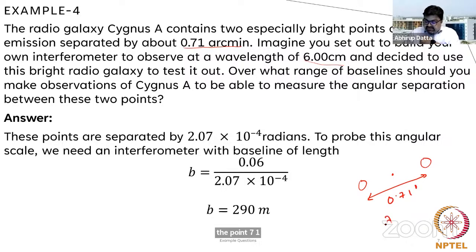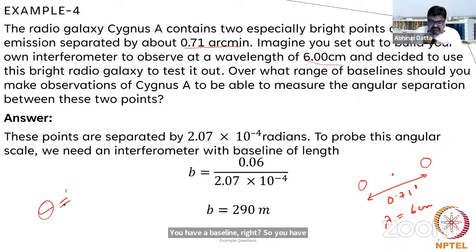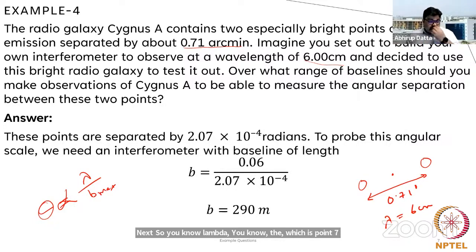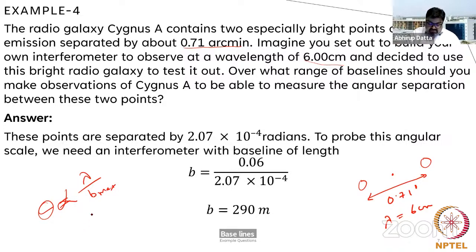And the wavelength is given, that is 6 centimeters. So what do you have? You have a baseline, right? So you have a resolution theta given by lambda over B max. So you know lambda is 6 centimeters. You know the theta, which is 0.71 arc minute. So your baseline has to be larger than the value corresponding to this.